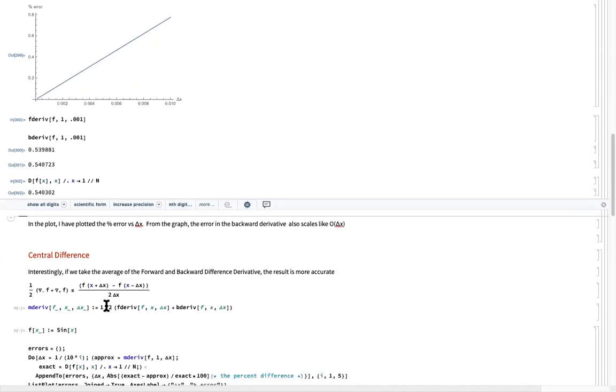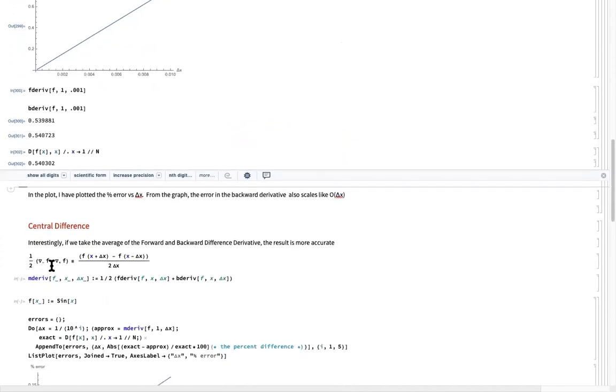But it turns out if you take the average of them, and work out what that means, the errors cancel out, at least at linear order, and the error scales like delta x squared, so it's quadratic in the delta x step size.